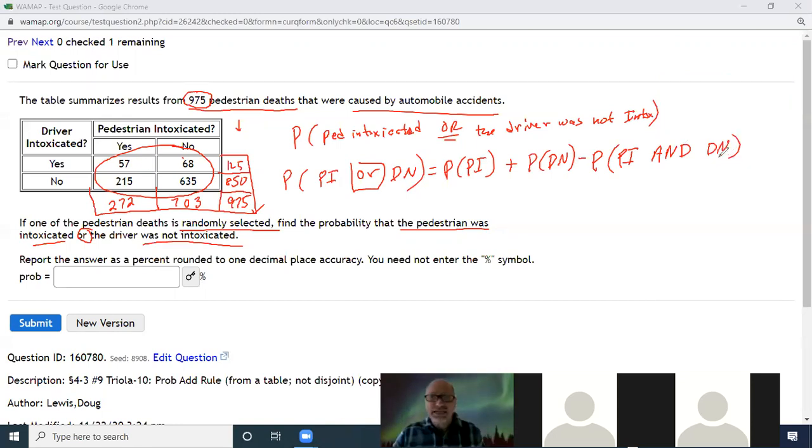Okay, so we want to find out the probability that a pedestrian was intoxicated. This is a pretty easy calculation to make. We can look at the table and say, if you pick one of these events, what's the probability that the pedestrian was intoxicated? Well, here's the pedestrians. Here's the column for yes. So that's a total of 272 people.